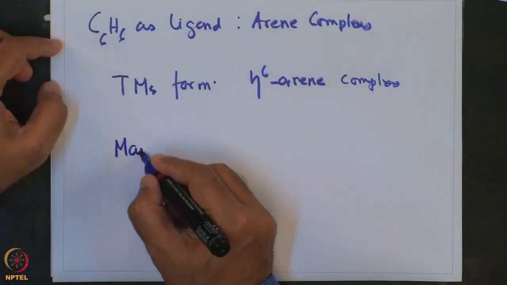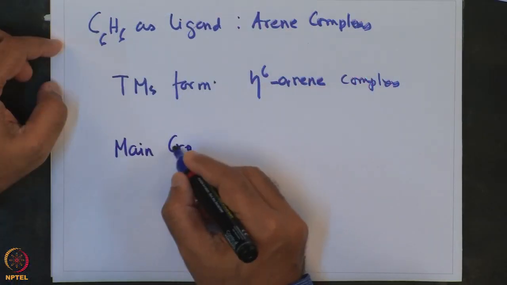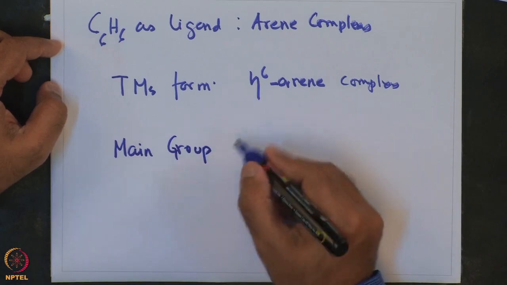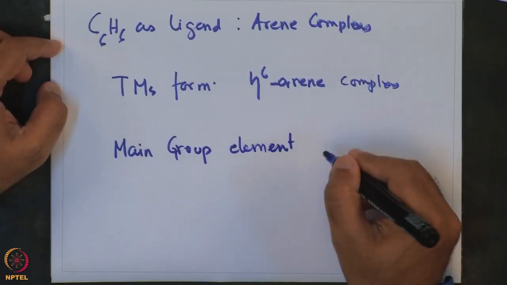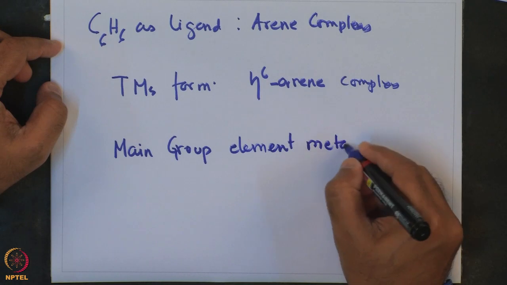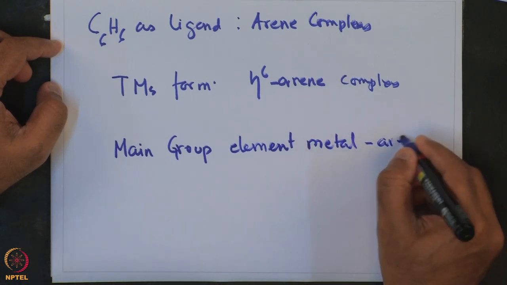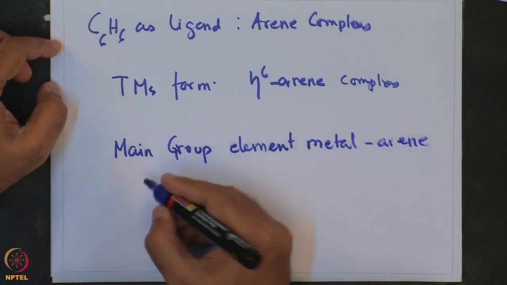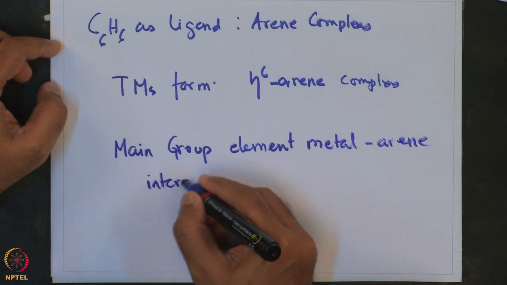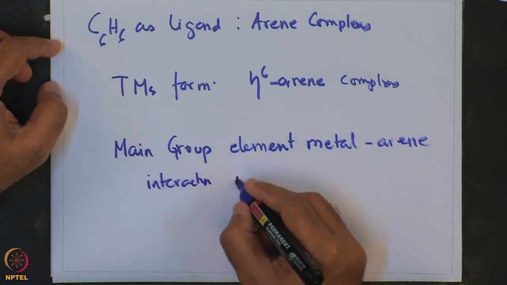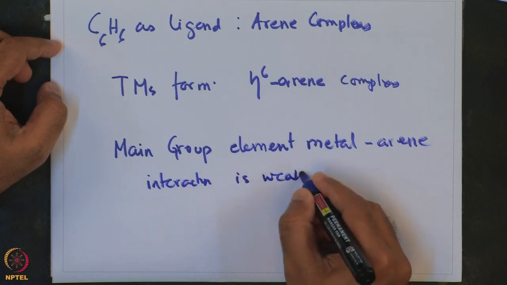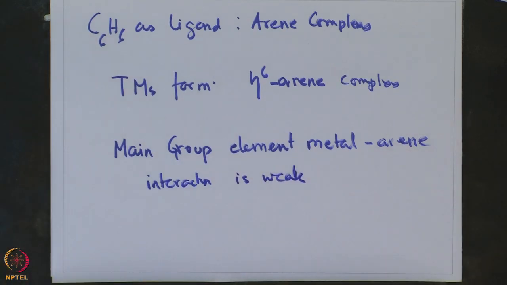So, this is an important observation, that the main group element-metal arene interaction is weak, and hence they do not occur that often as compared to the transition metal complexes.